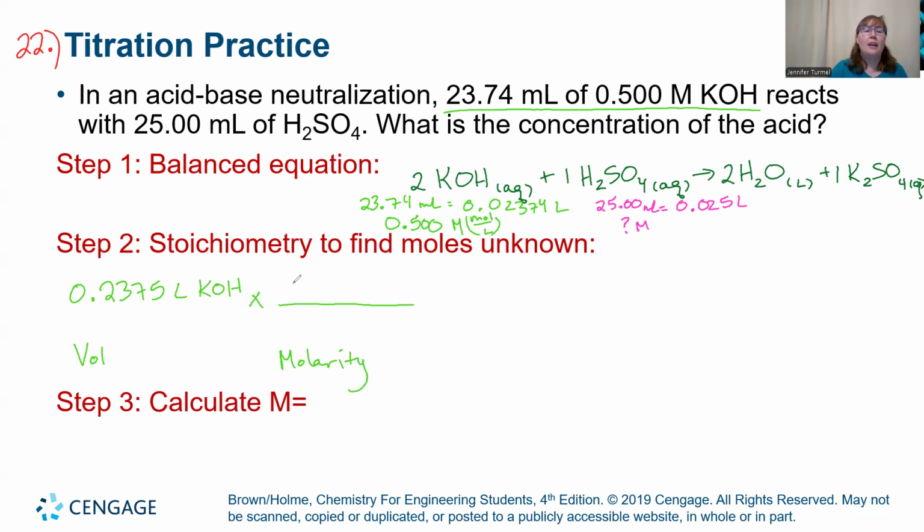And our molarity for our KOH is 0.5 moles of KOH per liter. And the last thing that we need here is a mole ratio. And we have 2 moles of potassium hydroxide, KOH, for every 1 mole of sulfuric acid, H2SO4.